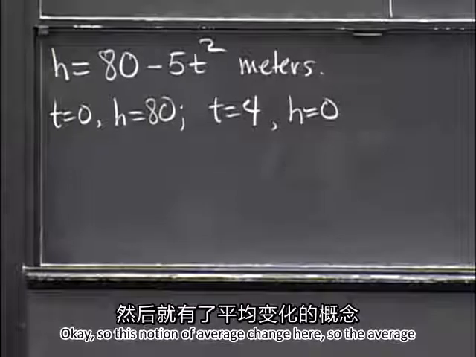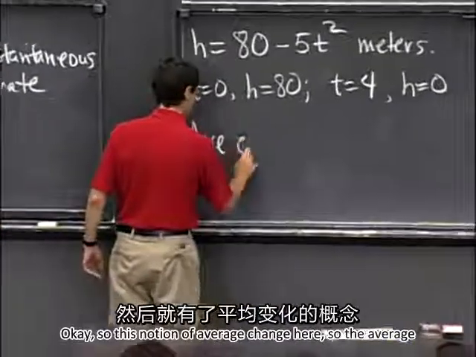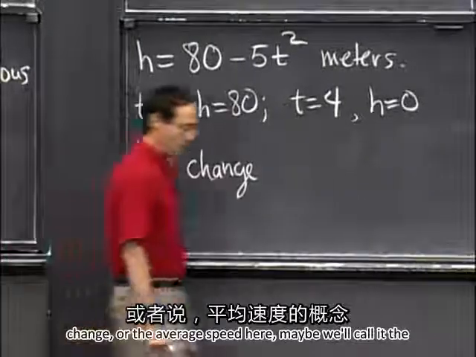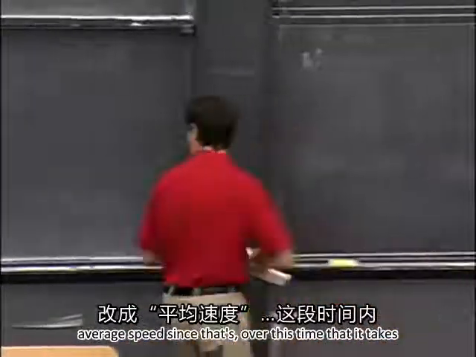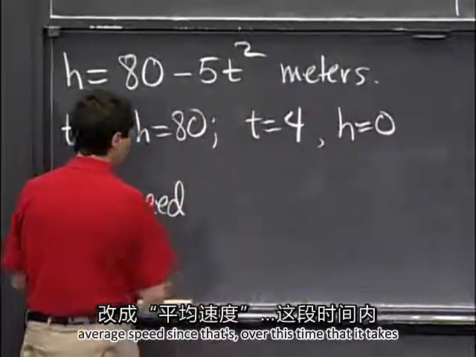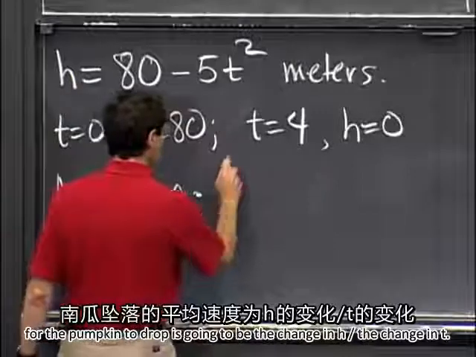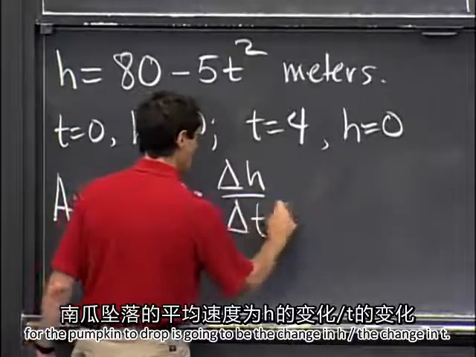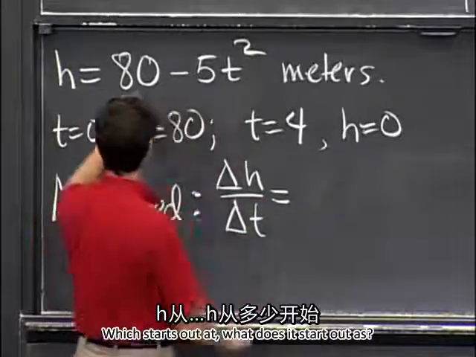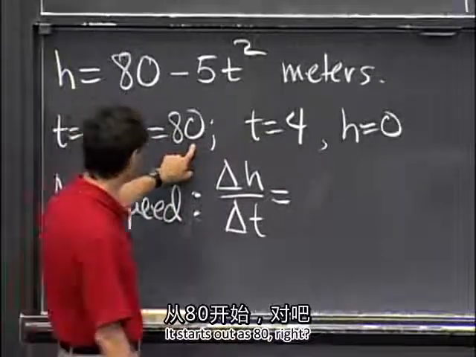Okay, so this notion of average change here, or the average speed, since that's over this time that it takes for the pumpkin to drop, is going to be the change in h divided by the change in t. It starts out at 80, right?